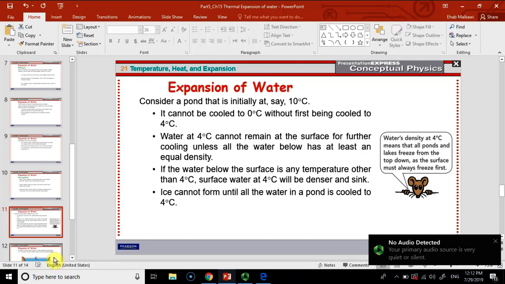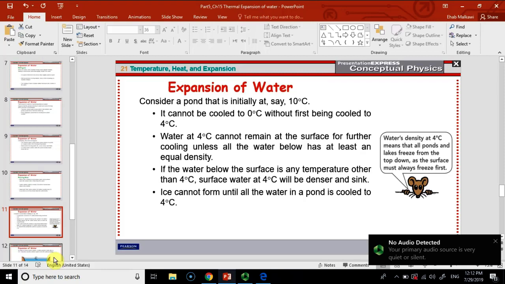So let's say, for example, you have a pond in winter. Initially, the temperature of the pond is, let's say, 10 degrees Celsius. Now, the air is cold and the air will start to cool the pond. The temperature of the pond will go down. However, the temperature of the pond cannot go to 0 degrees without first being cooled to 4 degrees.